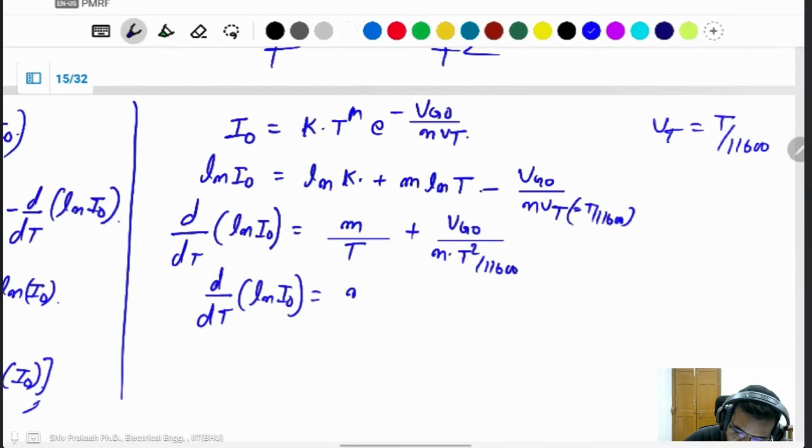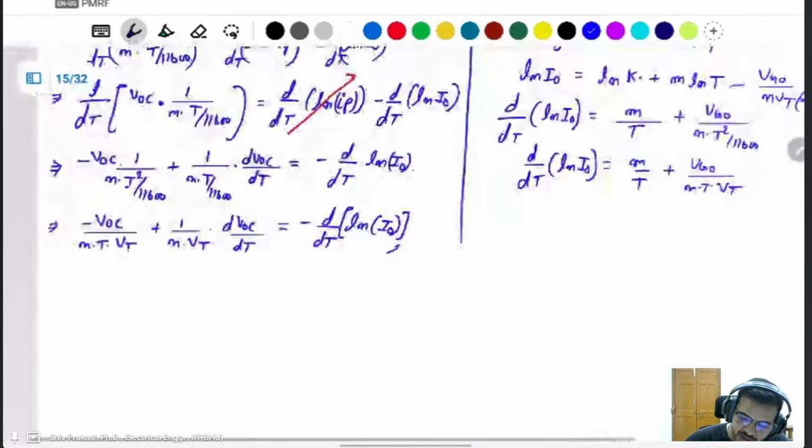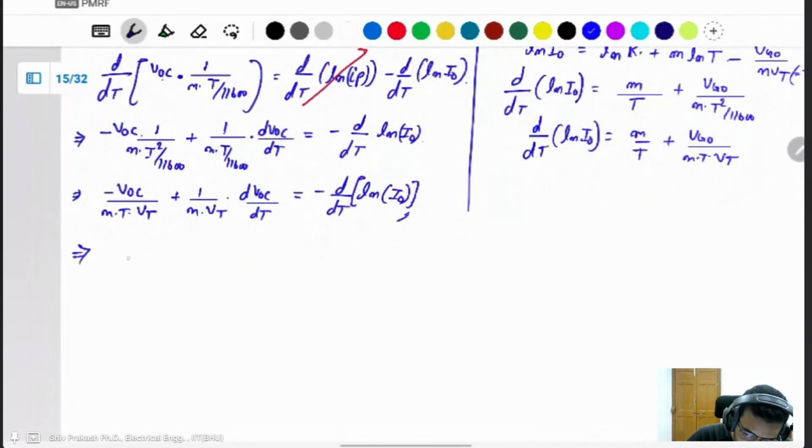Then m divided by T plus VGO divided by n into T into Vt. In one T, if you take a common, then T divided by 11,600 is Vt only. Same thing we can put here: minus VOC divided by n T into Vt plus 1 divided by n Vt times dVOC divided by dT.